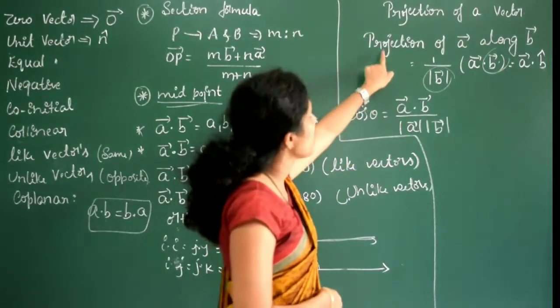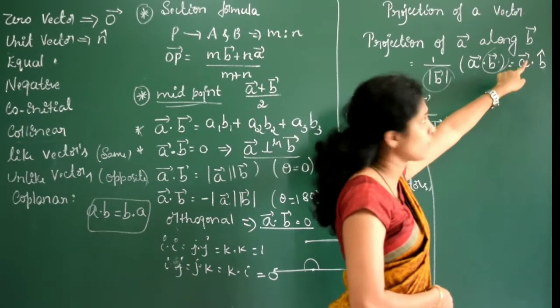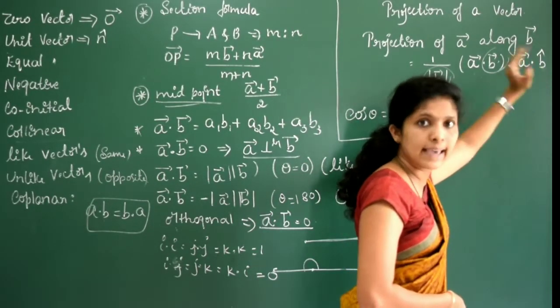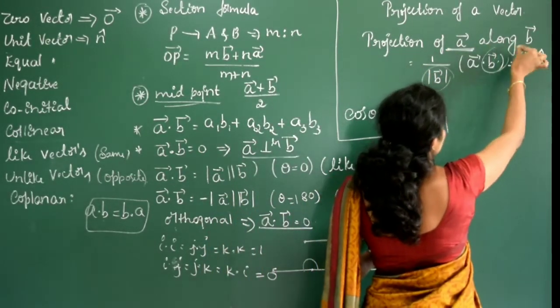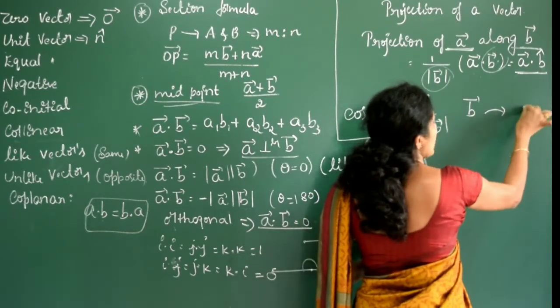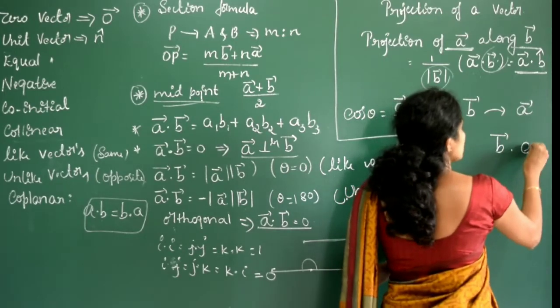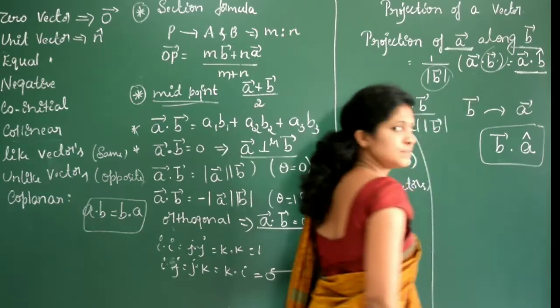If you want to find the projection of b vector along a vector, then it will be equal to b vector dot with the a cap. Okay. See, this is important. Projection of a vector along b vector will be this one. If I want to find b vector along a vector, this will be equal to b vector dot a cap.